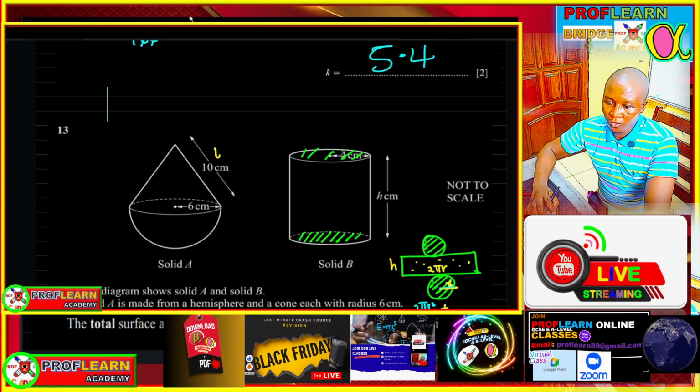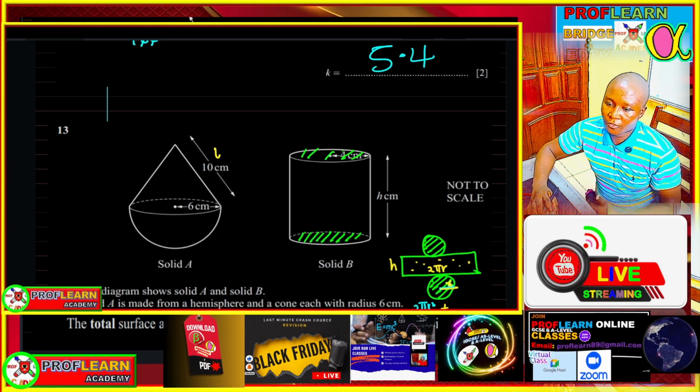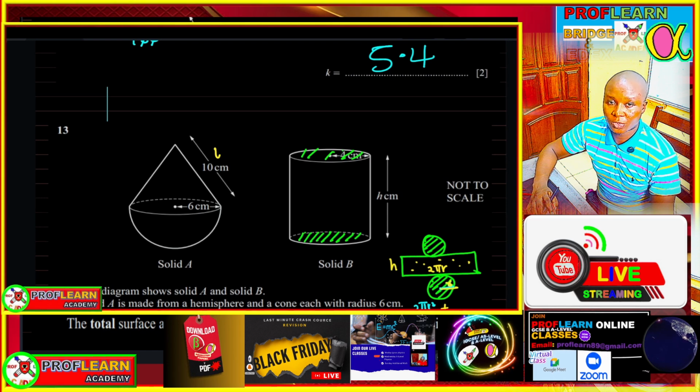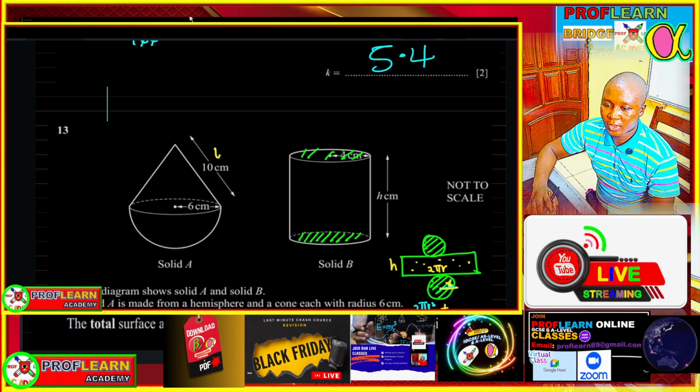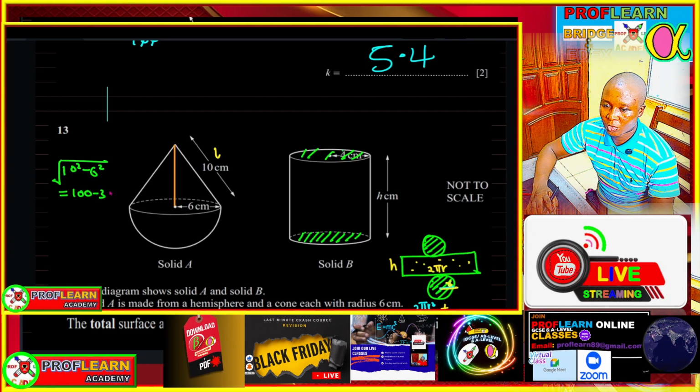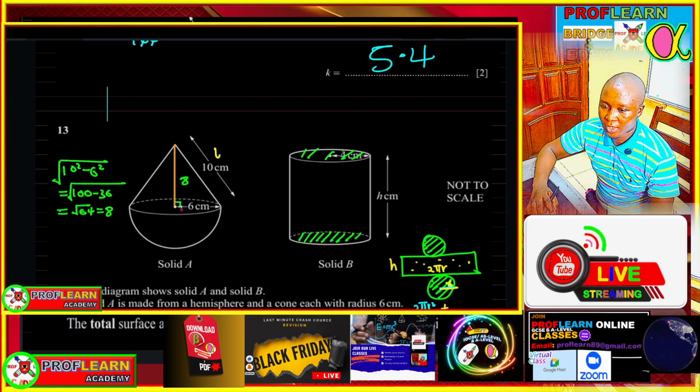Now, in the process of working out the total height of solid A, you can see we can drop this height there, and we can use Pythagoras theorem to find that height, which is going to be the square root of 10 squared minus 6 squared, and that's equivalent to 8. But at the same time, you realize that this represents the radius again, which is 6.